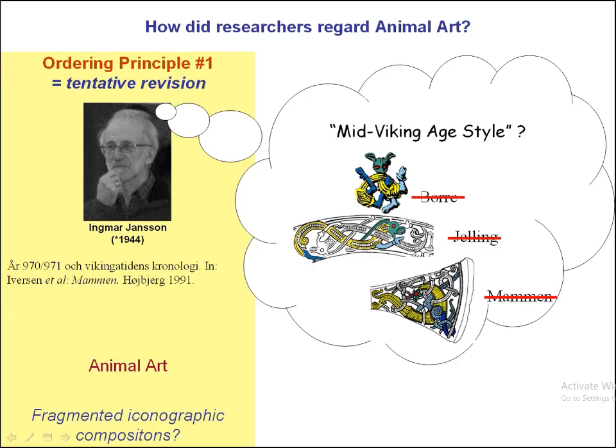But one of these persons is Ingmar Jansson, who, by the way, is also acquainted with me, he being my former PhD supervisor. And so I'm a bit partial here, I'm afraid.